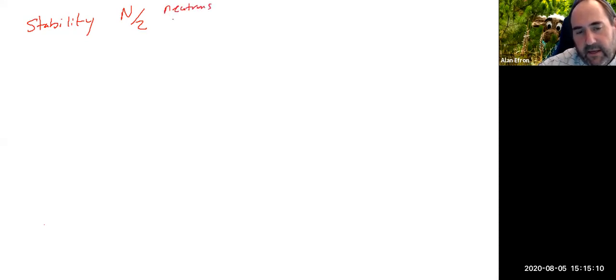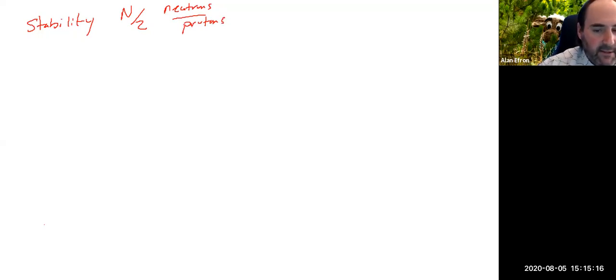We talked about what is referred to as the N to Z ratio. When we look at the N to Z ratio, that is the neutrons to protons, and Z is the atomic number.